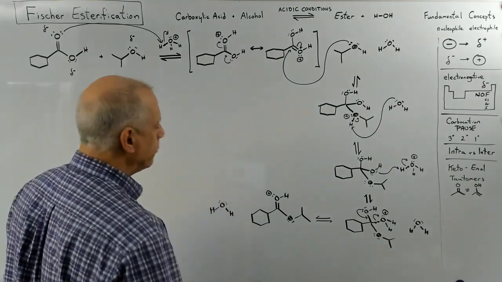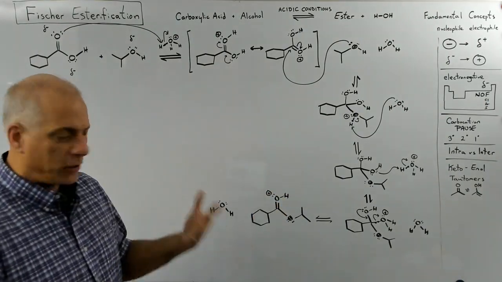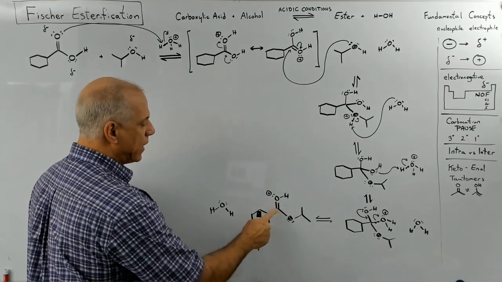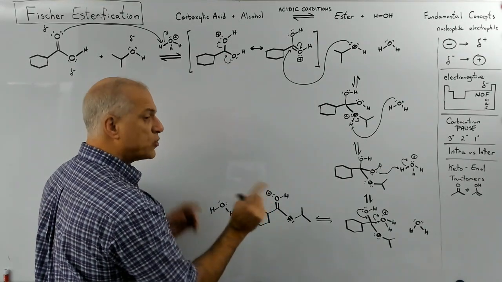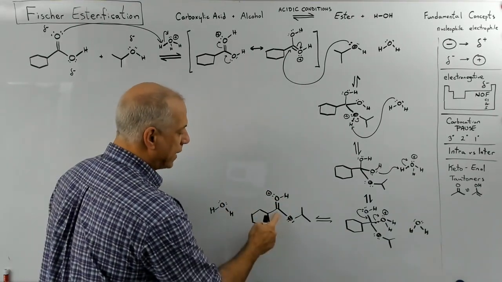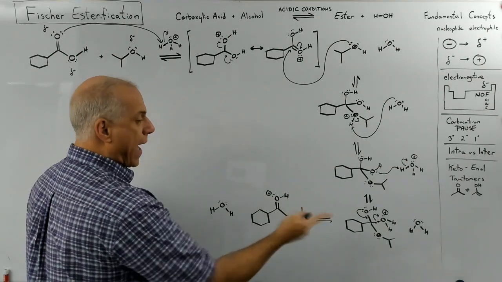And then we go ahead and deprotonate this. Again, this is also equilibrium, because as soon as this happens, that carbon is very electrophilic. This oxygen wants to recoup electrons. So yes, this water molecule can go right back there and revert back to that. But this will go back and forth.